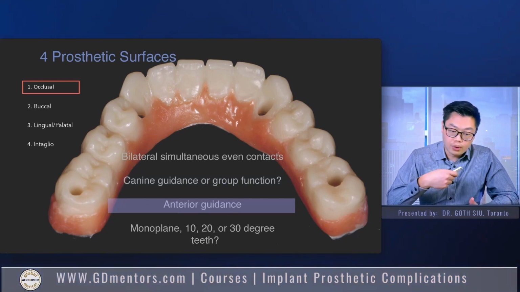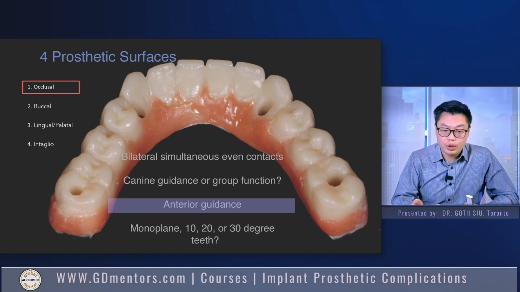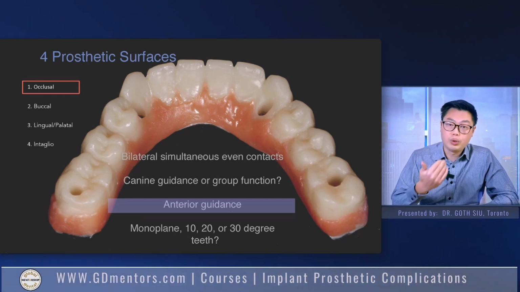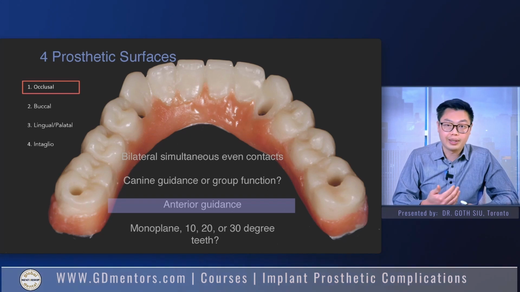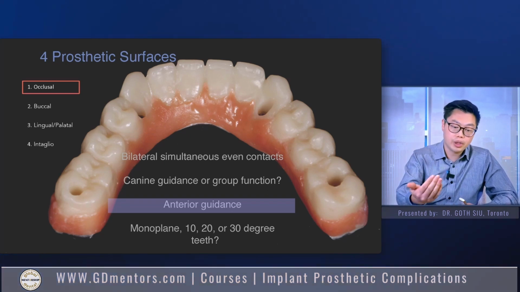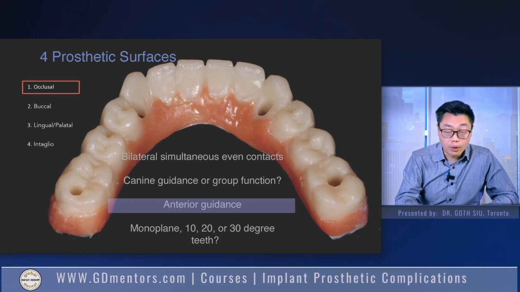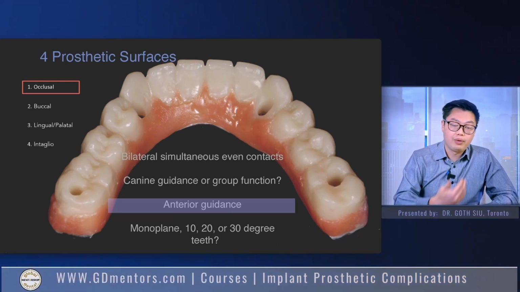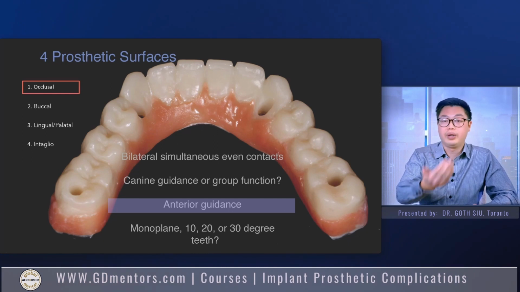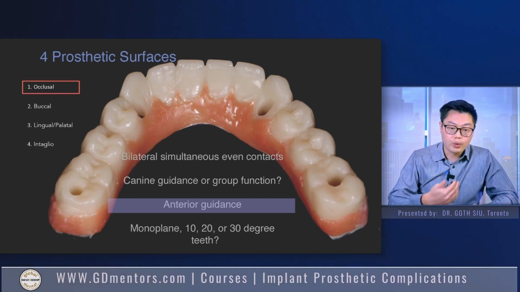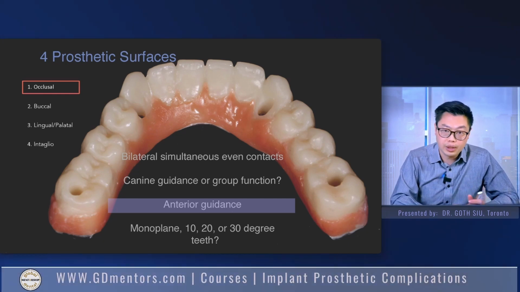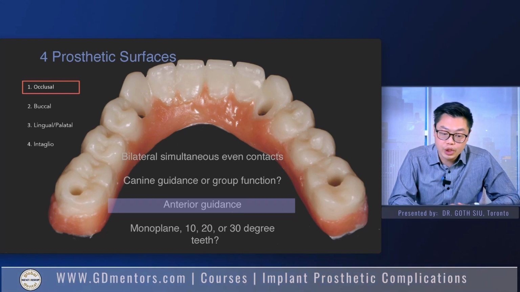Anterior guidance, or actually more so, is making sure that the anterior doesn't encroach on the envelope of function. So anterior guidance is sort of like the inward out motion, and the envelope of function is really when the patient's chewing, the outward in motion, right? When chewing, the front teeth shouldn't be knocking each other, shouldn't be in the way of the function, right?